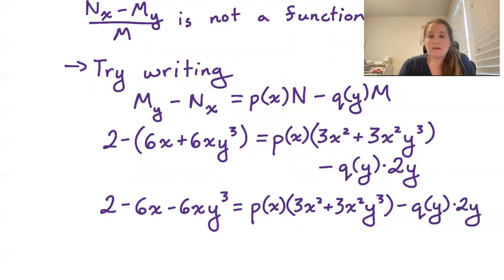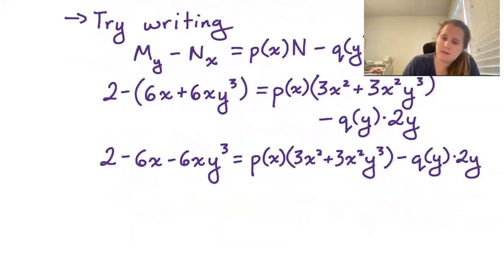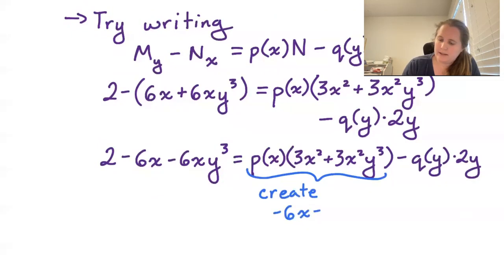So it does not look like we can easily make a 2 appear from p of x times 3x squared plus 3x squared y cubed. However, we should be able to pretty easily translate that into negative 6x minus 6xy cubed. So we can use this component p of x times N to create negative 6x minus 6xy cubed.